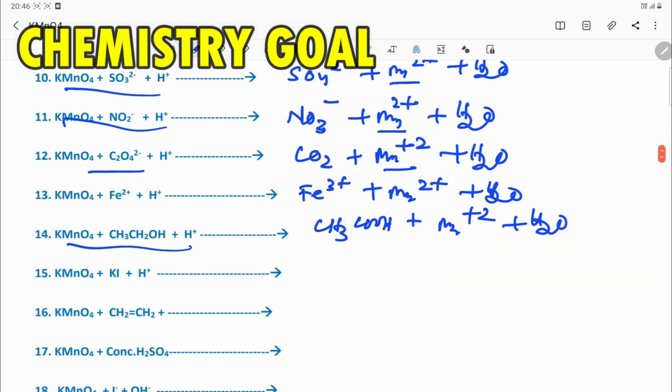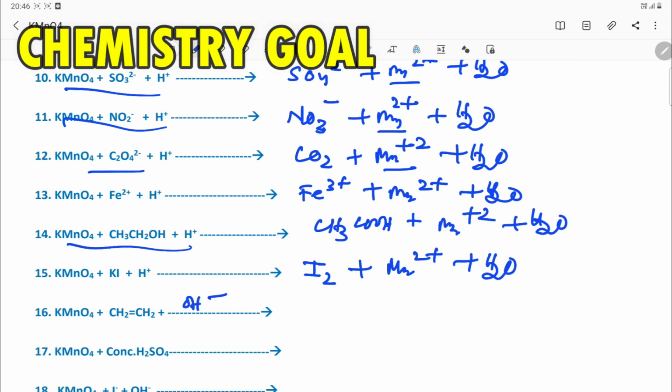Similarly, potassium permanganate with KI oxidizes KI to I2 and itself is reduced to manganese ion, with water. Clear?